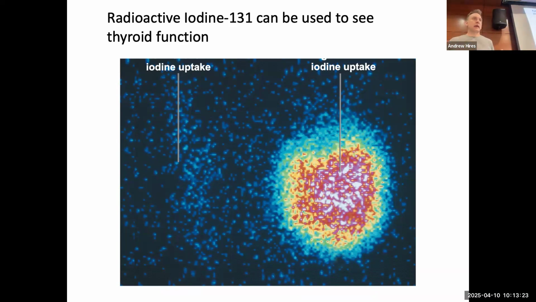An element is defined by the number of protons in its nucleus, but you can sometimes change the number of neutrons within the nucleus, which can cause that element to become unstable and then split apart, fission, at some point spontaneously. And so iodine 131 is one where the atomic mass of iodine is 131, and it's unstable.